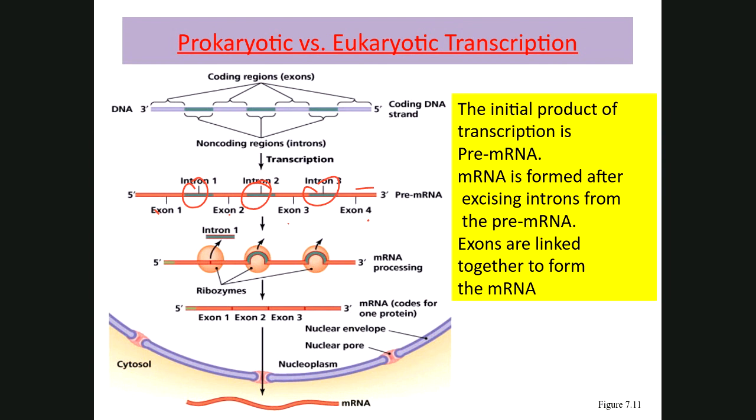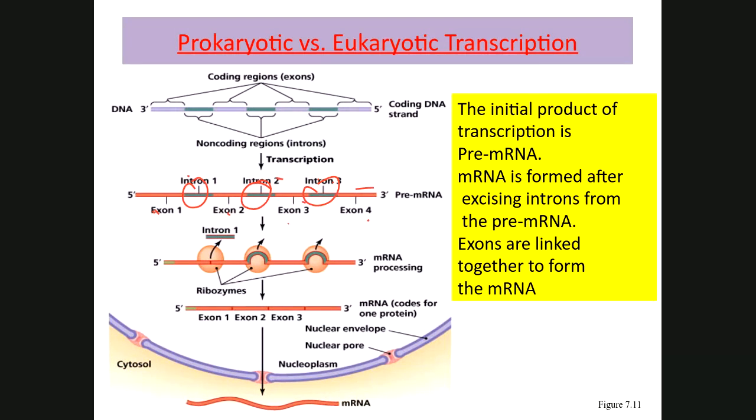So the first transcription gives us a copy that has to be modified. That's what's called post-transcriptional modification. This is, again, a space-saving strategy because depending on the protein that the cell needs to make, sometimes what we're calling here the intron that is being removed could be the recipe for another protein, which means that when that protein needs to be made, the introns will become exons and the exons will become introns.